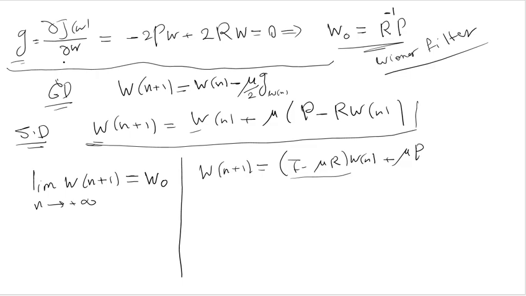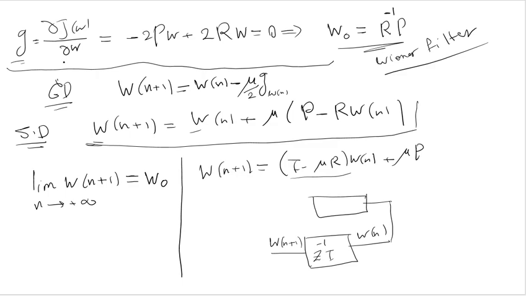For example, if this is Z inverse I, this is W(n+1), here we have W(n), and W(n) multiplied by I minus mu R and add with mu P give us W(n+1).